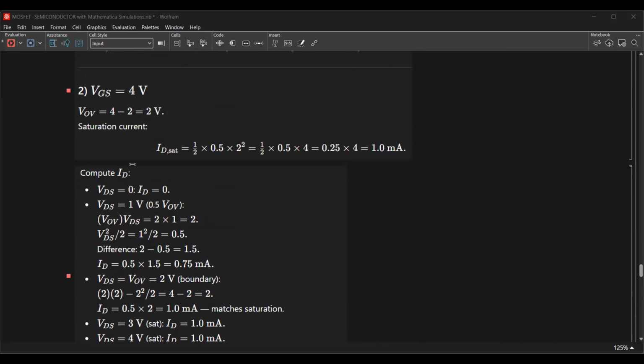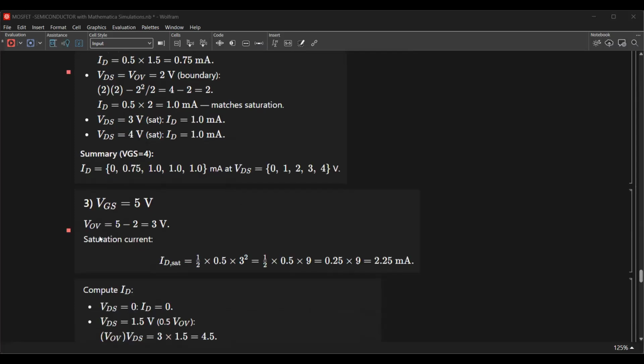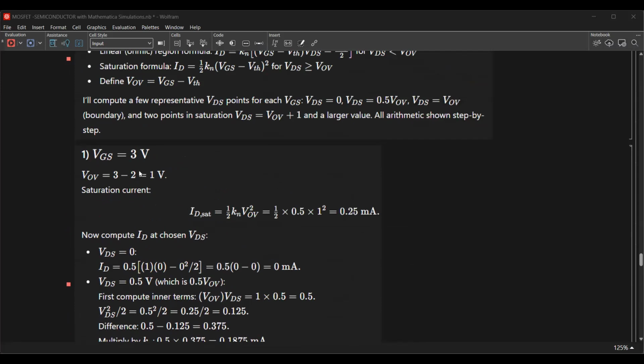So using the same procedure, if VGS is equal to 4, we also have these computations. VGS equal to 5, we use the same procedure as for VGS equal to 3 here.